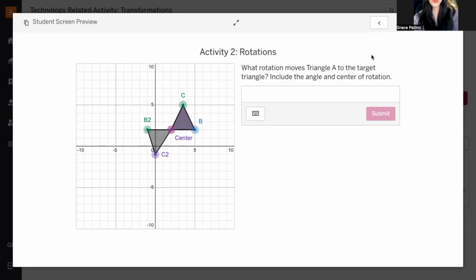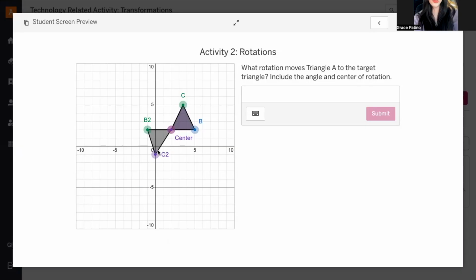So it has to do with translations, rotations, reflections, and then the first one has your mathematical answer. The second one asks you to sketch. So for rotations, what rotation moves triangle A to the target triangle? Include the angle and center of rotation.